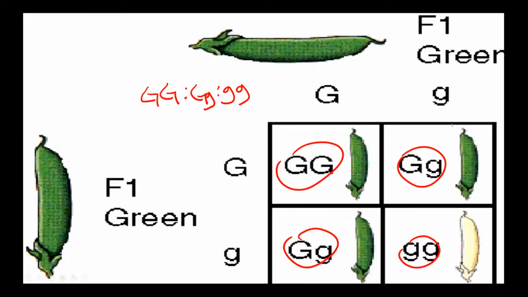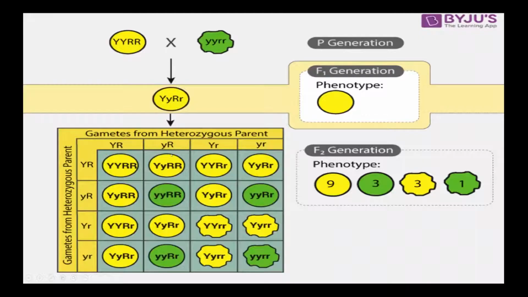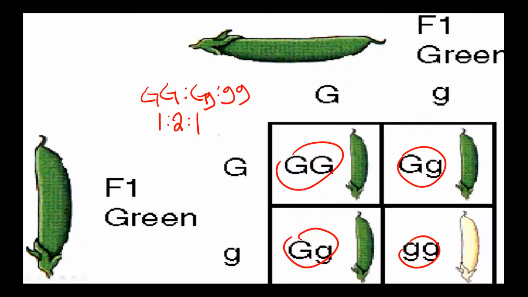And this ratio is 1 to 2 to 1. So that's our genotype.